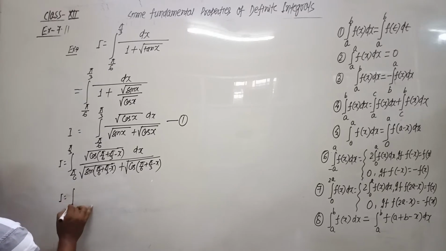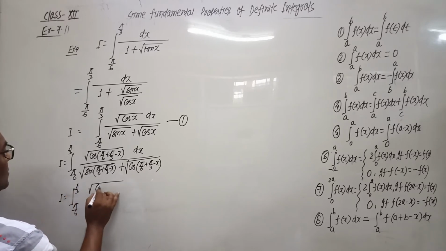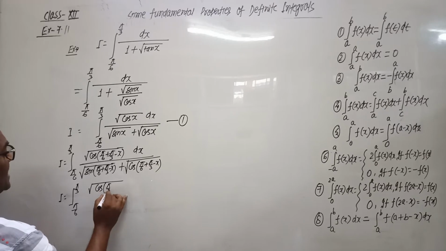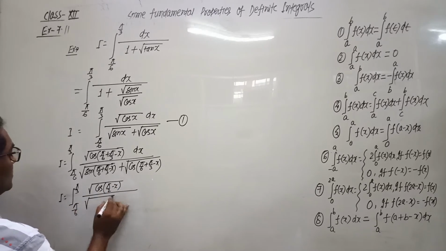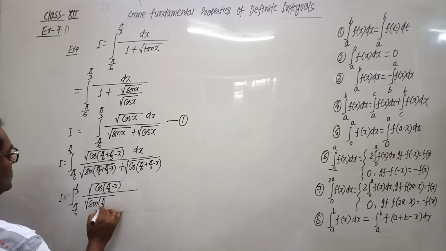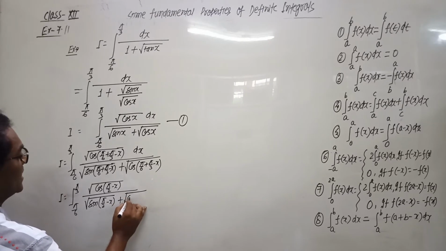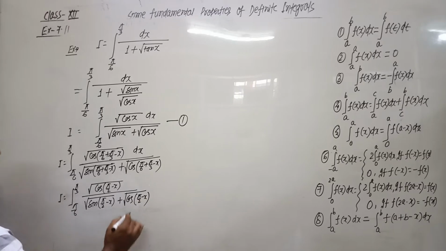So I equals integration pi by 6 to pi by 3, this is written as cos(pi by 2 minus x) upon root of sin(pi by 2 minus x) plus root of cos(pi by 2 minus x), dx.